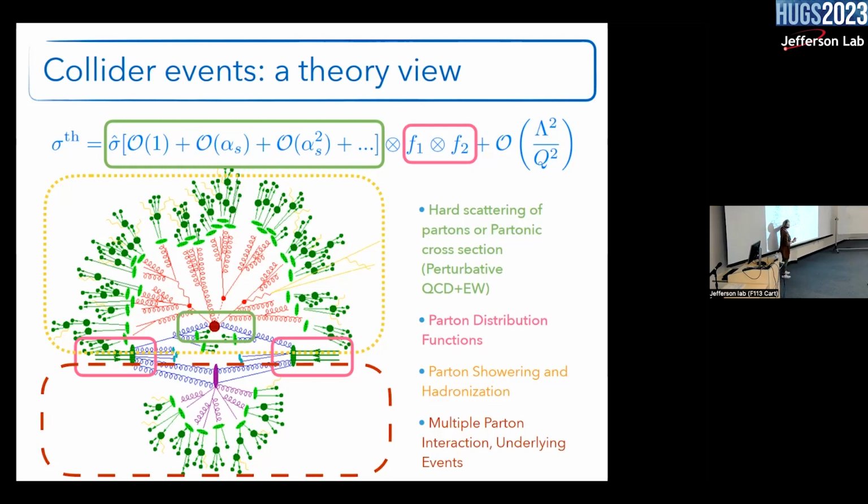This is the hard scattering of partons, and you use perturbative QCD to calculate the amplitude for gluon gluon going into quark quark gluon Higgs, okay? And then on top of it, lots of other things are happening, because you don't see a quark, you don't see a gluon, you don't see a Higgs.